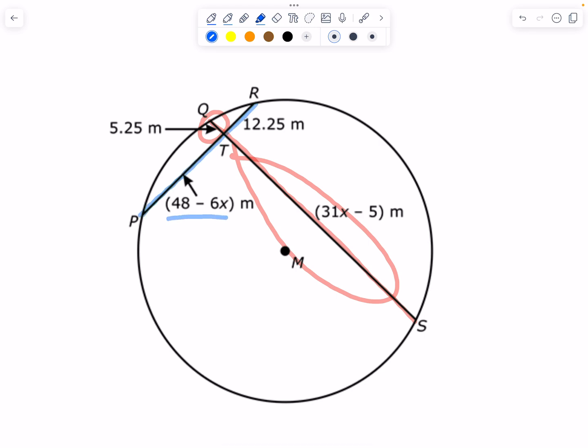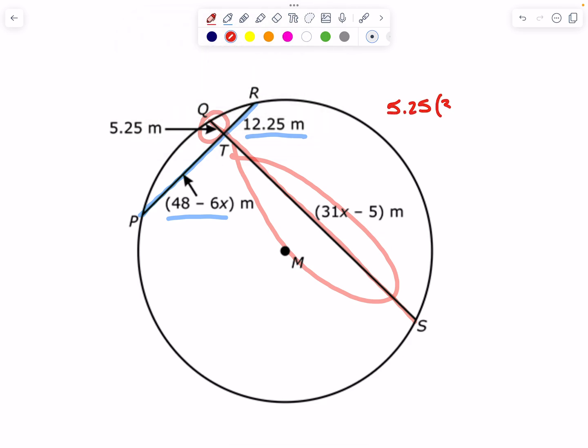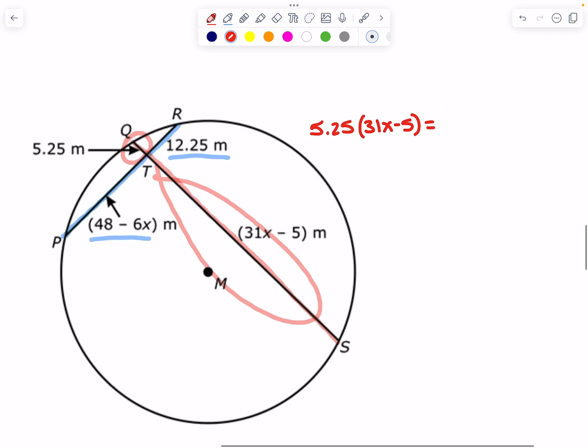So 48 minus 6x times 12.25. So to set this up, we can say 5.25 times 31x minus 5 is going to equal the 48 minus 6x times 12.25.